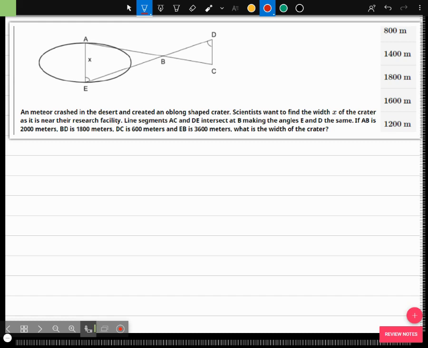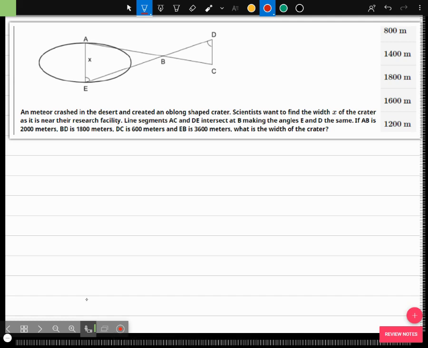A meteor crashed in the desert and created an oblong-shaped crater. Scientists want to find the width x of the crater as it is near their research facility. Line segments AC and DE intersect at B, making the angles E and D the same.